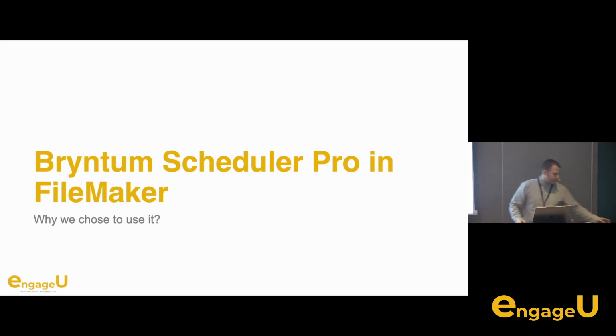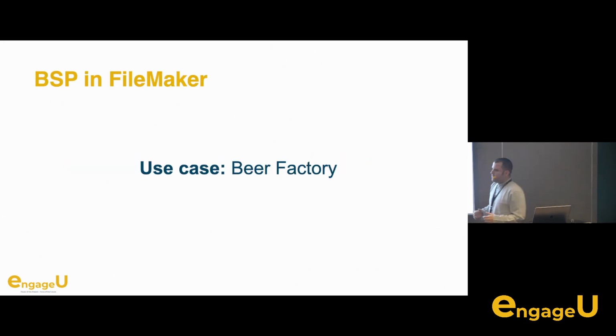So how did I end up using this? We have a client that is a new beer factory, and it looks a lot like the beer factory we went on the first day. A beer factory produces many labels of beer, and usually they have some kind of bottleneck.